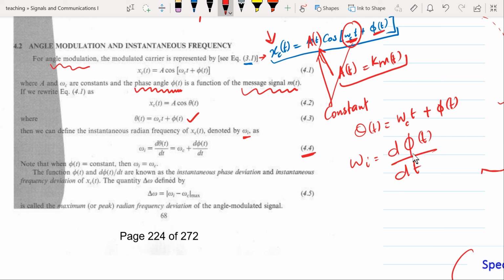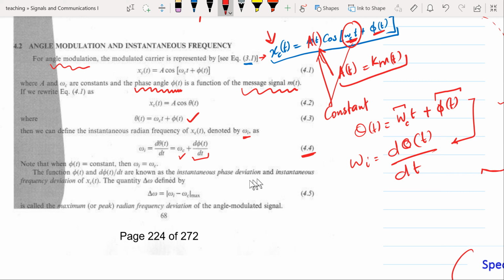And when you differentiate this equation with respect to time, you get the carrier frequency as a constant, as you can see in equation 4.4, and the derivative of phi of t, as can be seen right there. And therefore, we note that the phi of t is going to be constant.